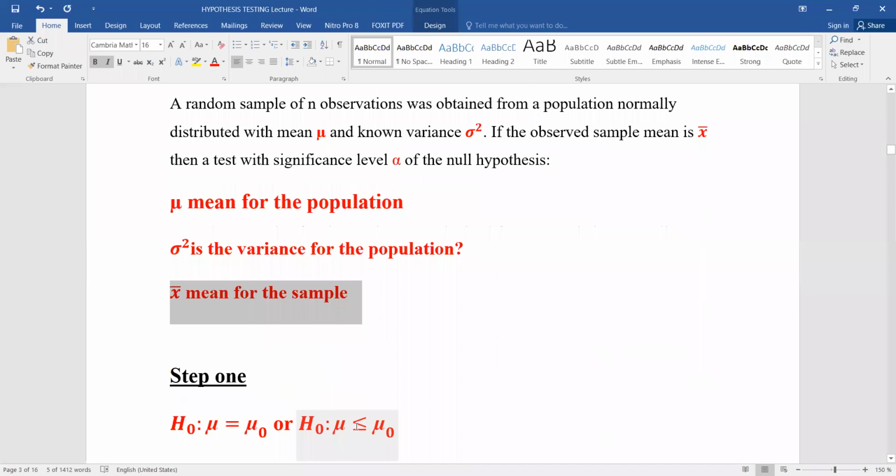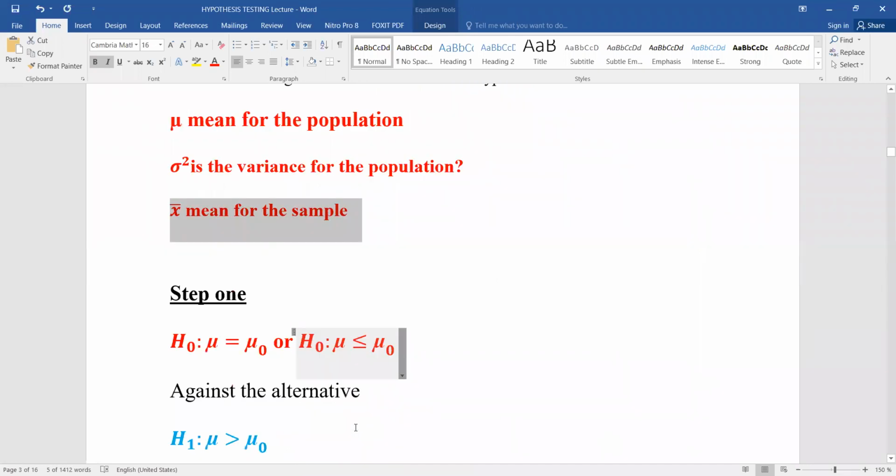So there's what we call the first hearing, where both the accused and the prosecutor bring out their evidence. So step one is the first hearing. We shall say H naught: mu is equal to mu naught, or alternatively mu is less than mu naught.